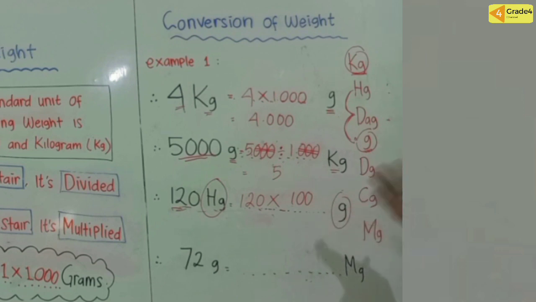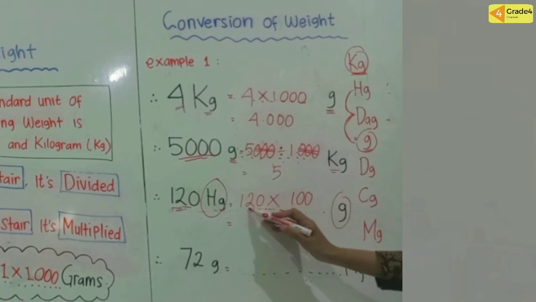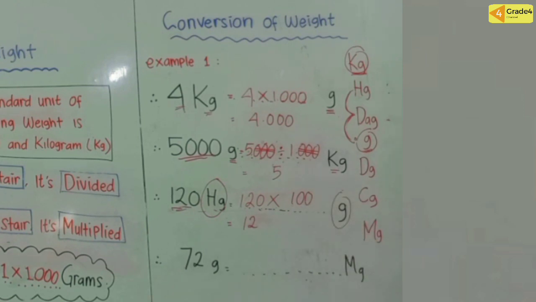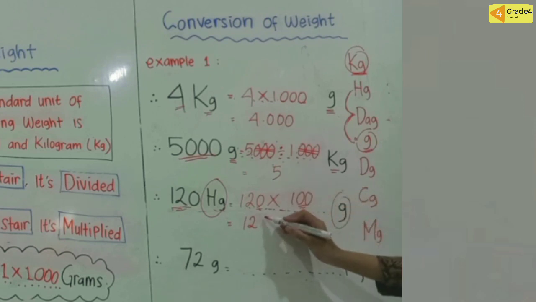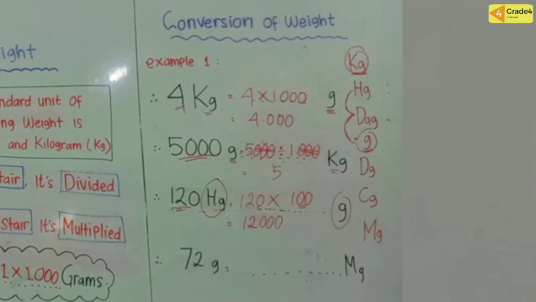So we get the equation and we can calculate. We just calculate 12 times 1. The answer is 12. And because it's multiplied by 100, we add 0s. How many zeros? 1, 2, 3. So we add 3 zeros. And then we get the answer: 120 hectograms is equal to 12,000 grams.